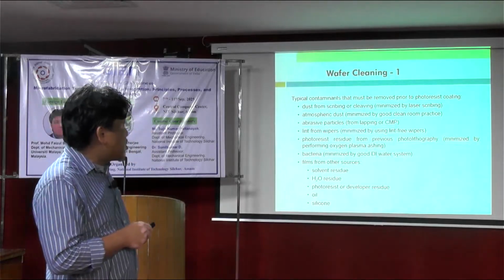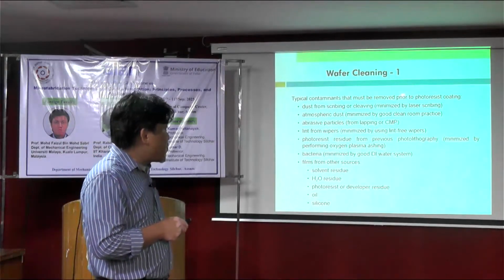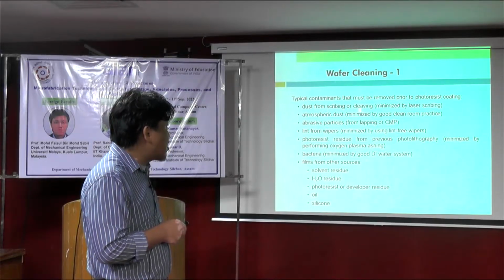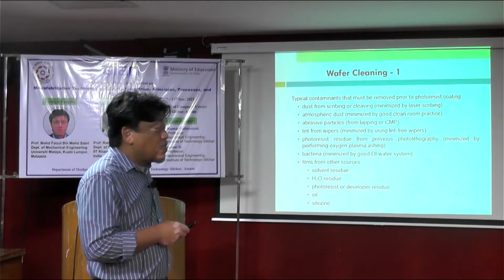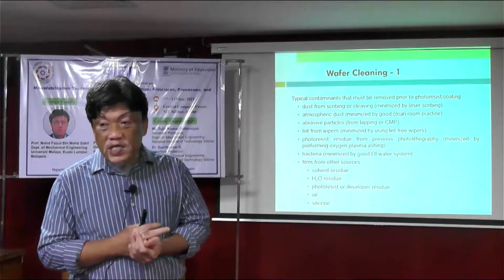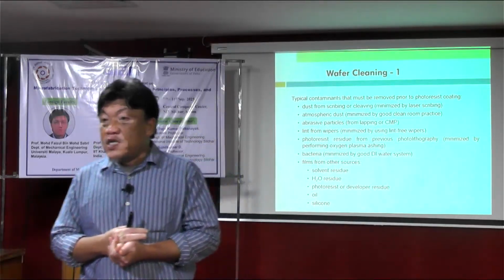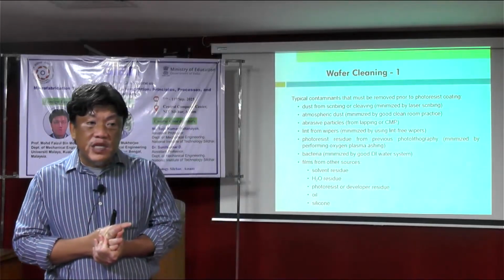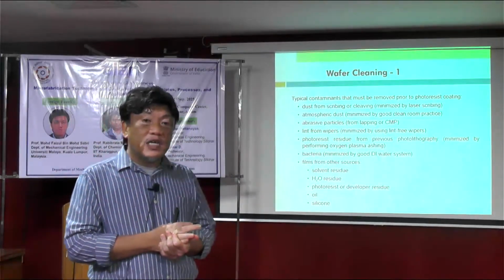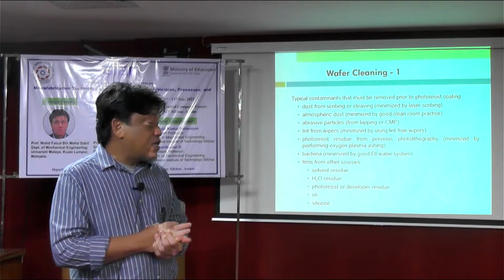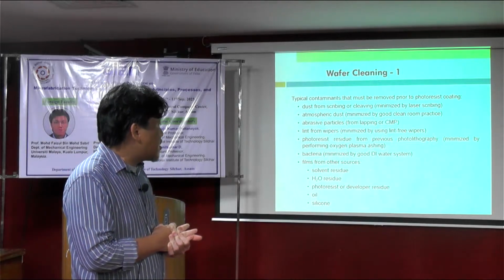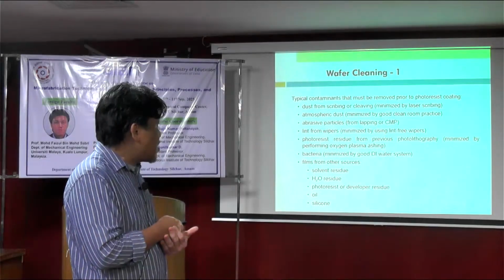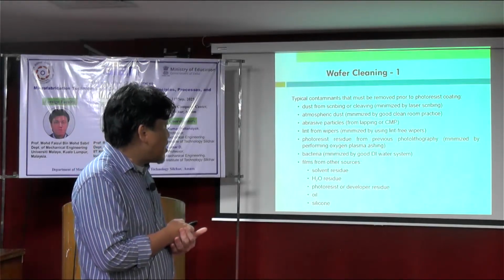Typical contaminants that must be removed prior to photoresist coating include dust from scribing or cleaving, minimized by laser, because in preparation of the wafer you do slicing and dicing, and the handling of the wafer might leave contamination on the surface. Then atmospheric dust, minimized by good clean room practice.